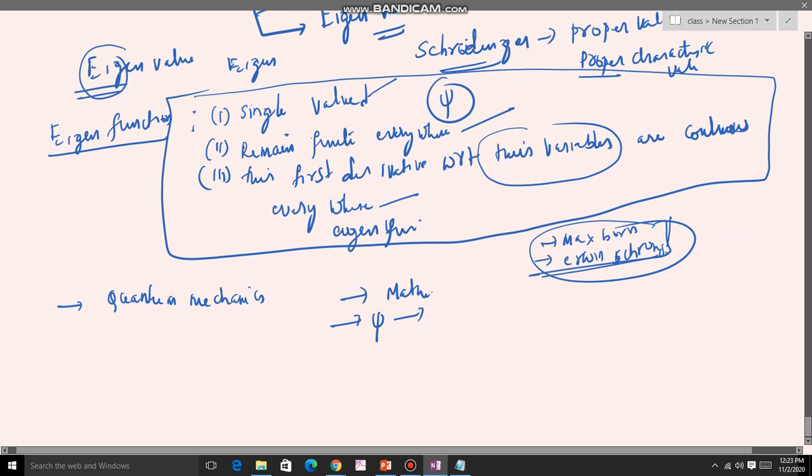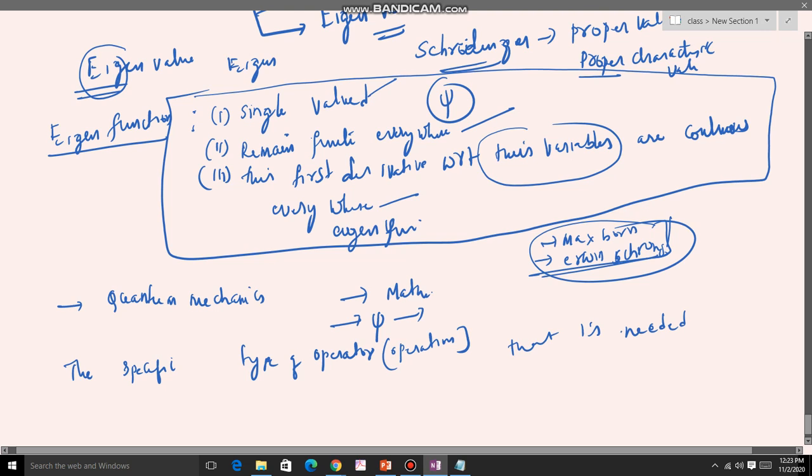So what is that called? The specific type of operation that needs to be performed can be identified through what is known as an operator.